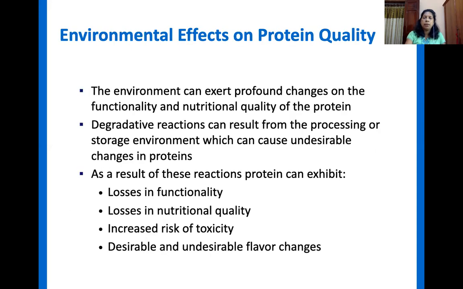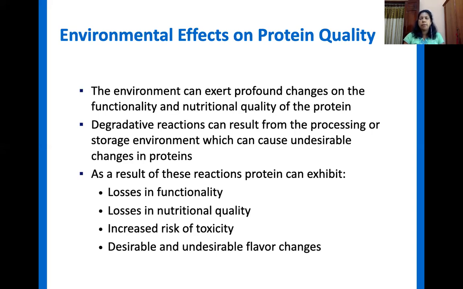Right? So what are the desirable and undesirable flavor changes of the protein happening because of this environmental effect? Can you let me know two things? What are the desirable things that can happen, and what are the undesirable things? As a result of this reaction, protein can exhibit at least these four points.